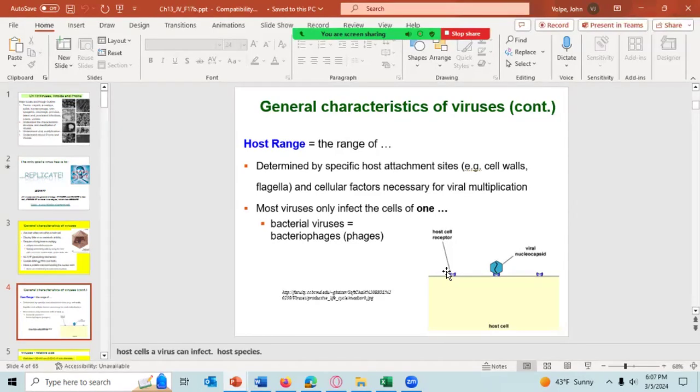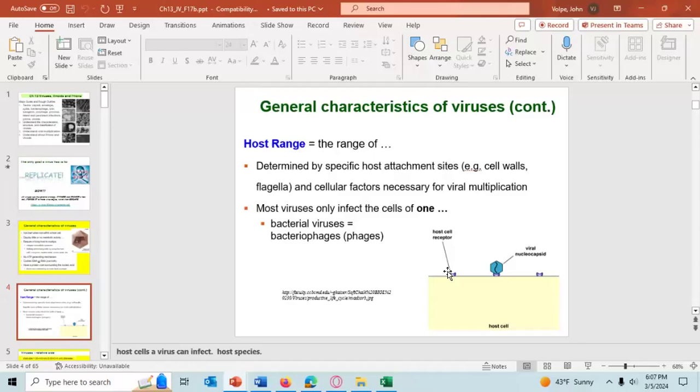Most viruses only infect the cells of one or a few species. For example, the AIDS virus, HIV, only infects certain cells like T cells and macrophages and brain cells of humans, and then one of the chimpanzees. There are two chimp species and only one of them can be infected by HIV.